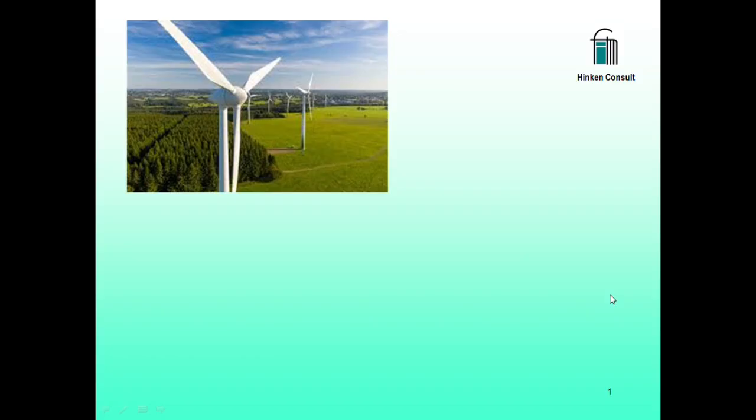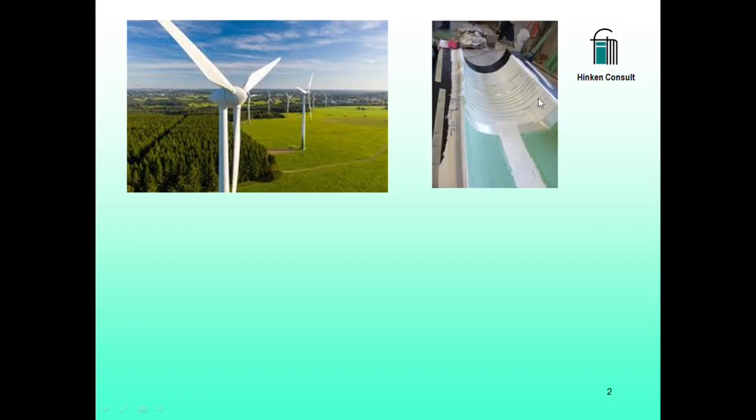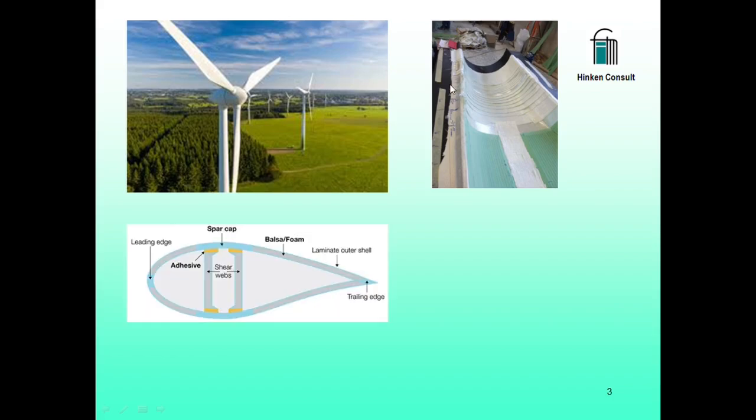Here I will give you some examples for the need of high resolution, that means for focusing. You know, rotor blades of wind-powered turbines are manufactured as two half shells, which then are bonded together.